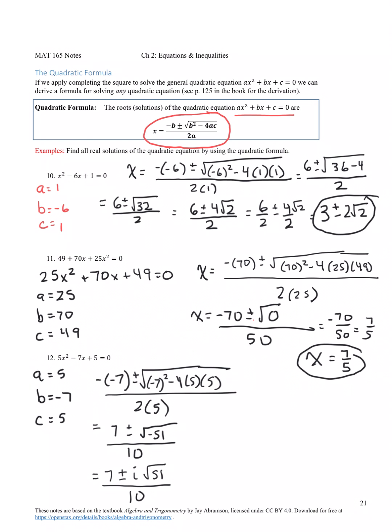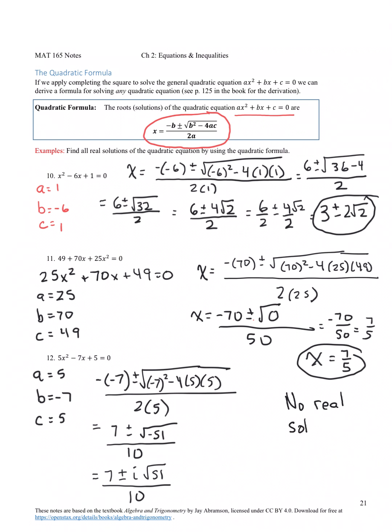The directions for these three problems were to find all real solutions. When we have an imaginary number in our answer, this is not a real solution. So the answer to this problem is it does not exist. There are no real solutions.